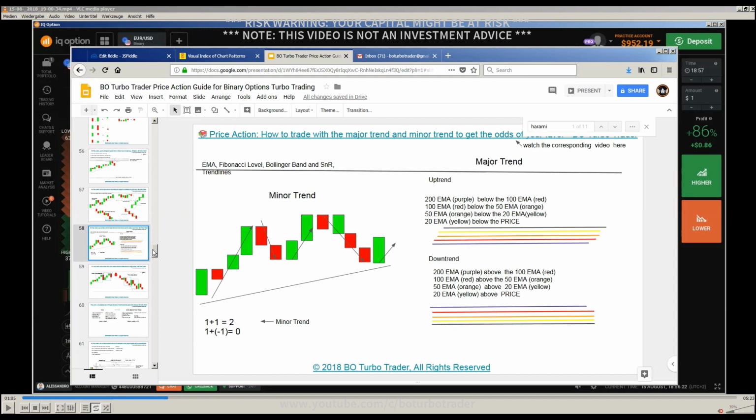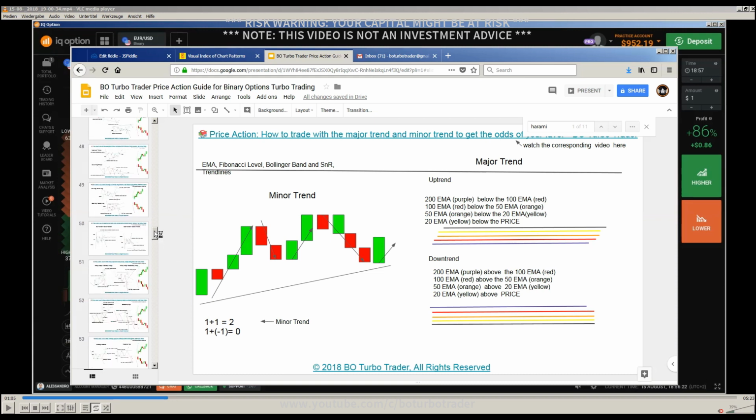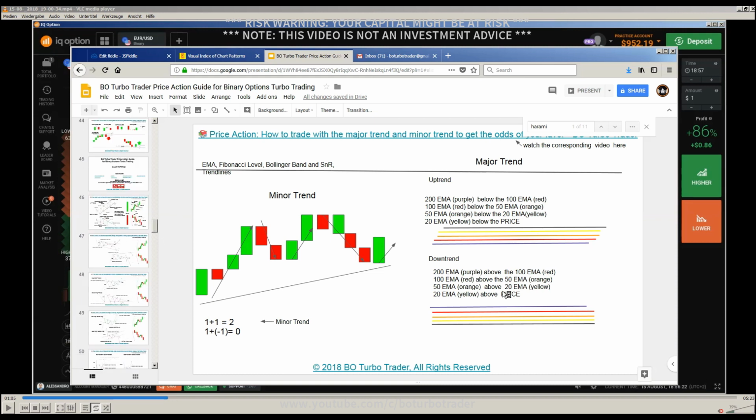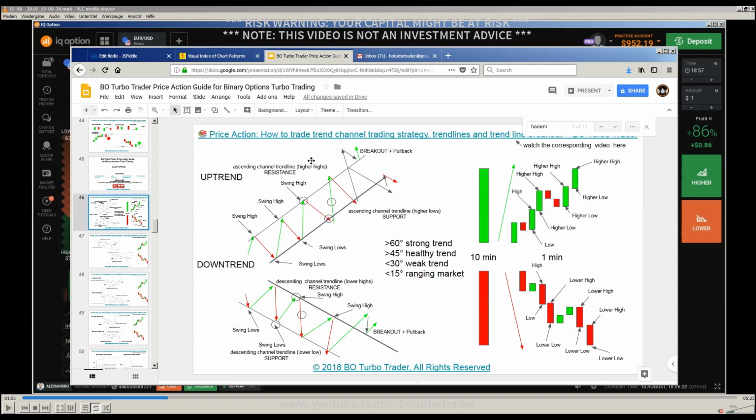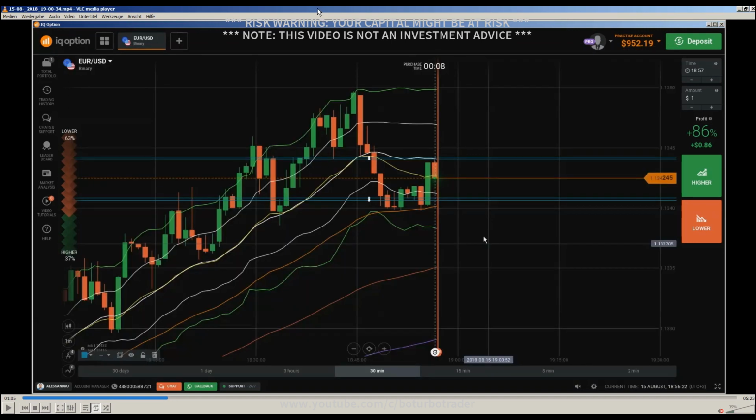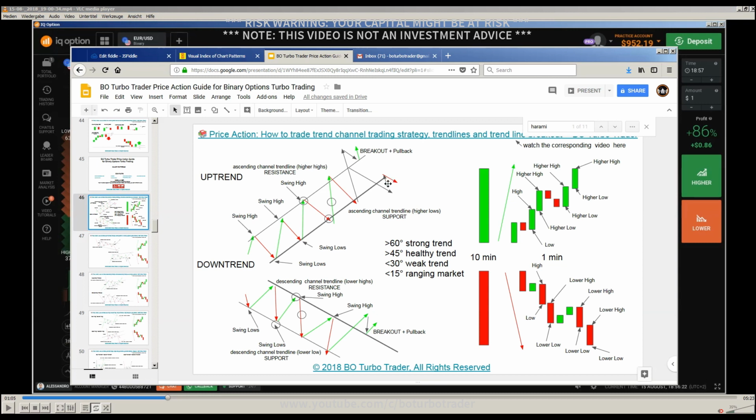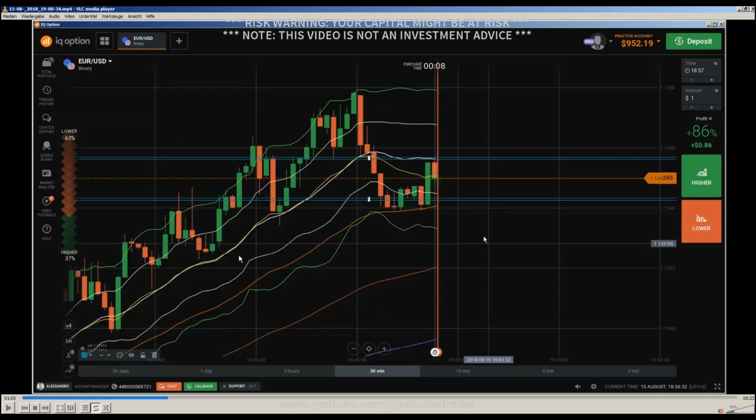Then also this video where I talked about the trend channel, to understand how price moved here. We were in an uptrend, so it was this one here, and here we broke out of it. So you see here is a breakout, pullback, and continuation. You see here the trend channel.